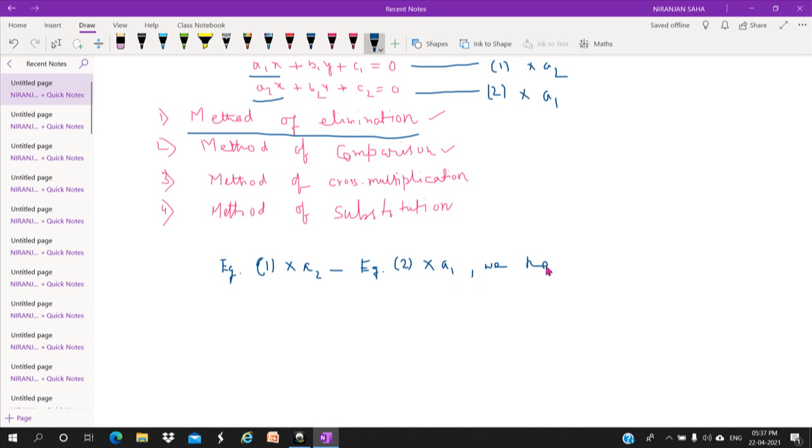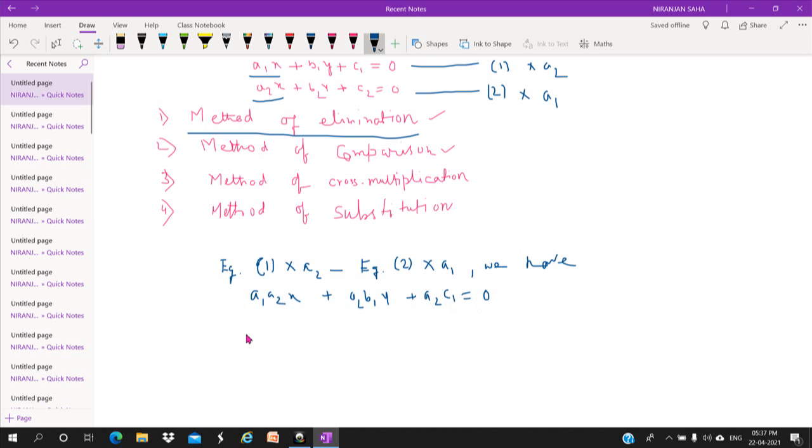We have a1 a2 x plus a2 b1 y plus a2 c1 equal to 0.